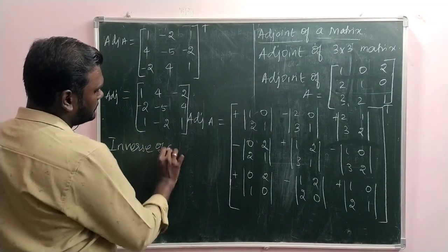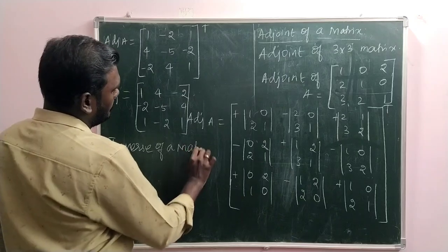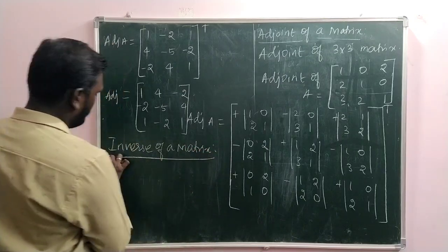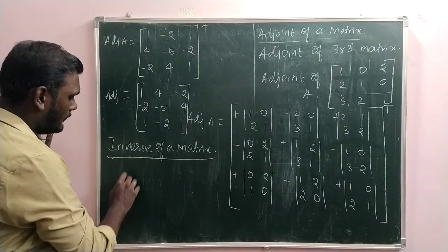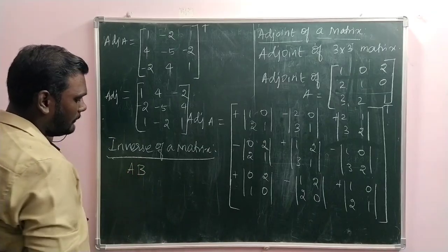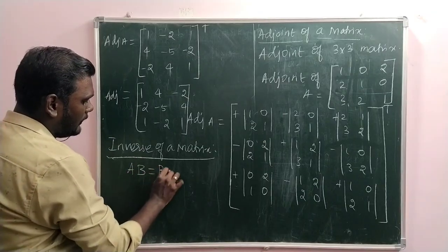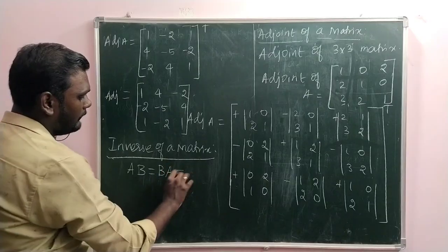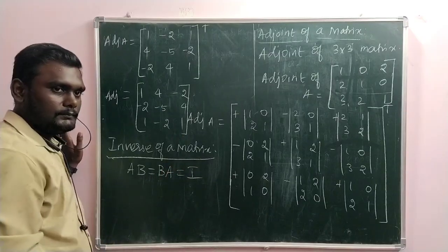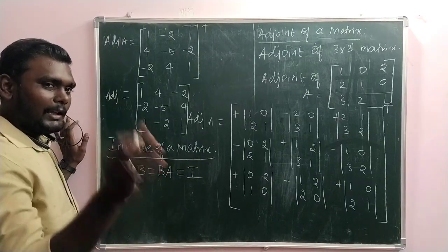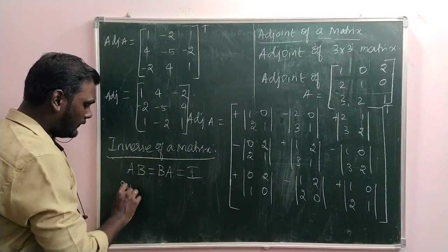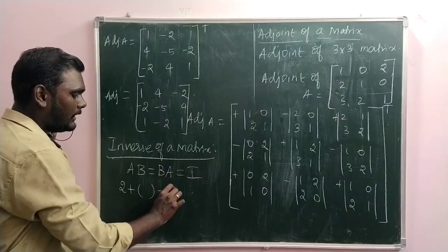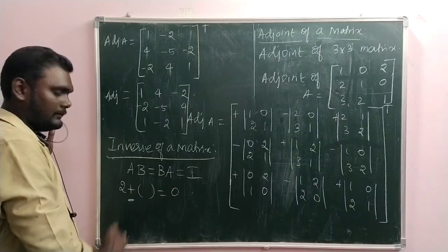Let's see one more definition: inverse of a matrix. What is the inverse of a matrix? A matrix multiplied with another matrix, and that matrix multiplied with this one, will give the identity matrix. Like in numbers, how do we say the inverse? Suppose 2 is there, by adding what do we get the identity element 0 with respect to addition?